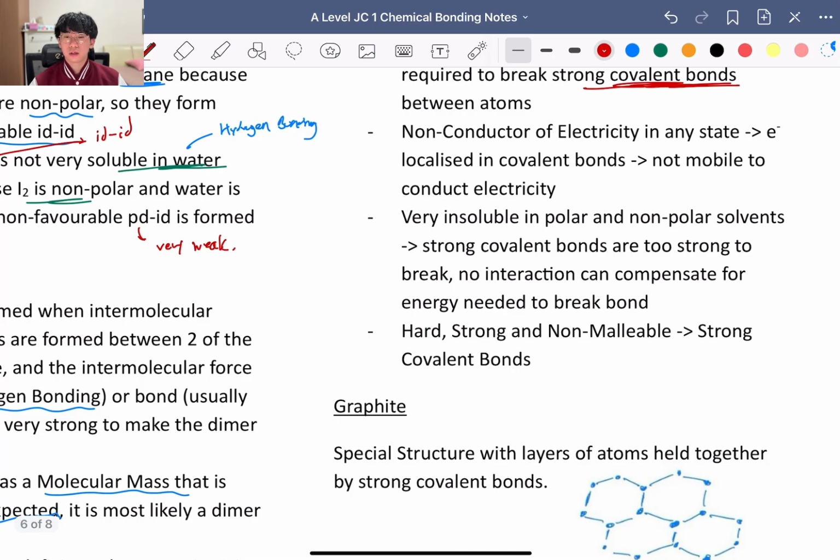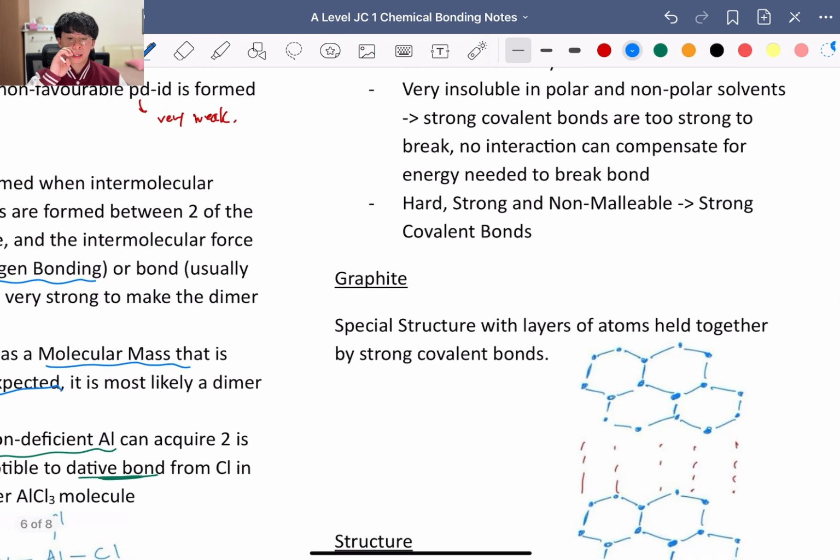And they are non-conductors of electricity because, very similar to simple molecular structures, they have electrons localized in your covalent bonds. Again, remember this explanation. It tends to come out a lot. And then it's very insoluble in polar and non-polar solvents. Well, it's kind of expected. Just think about your diamond. If diamonds were so easily soluble, that would be a problem.